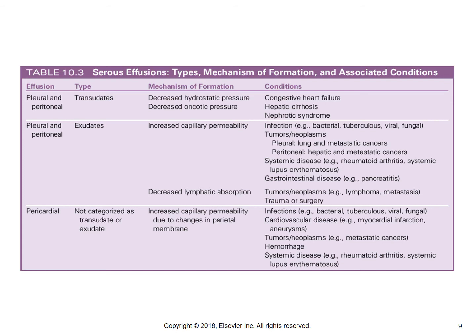So these fluids, again, will be examined on their physical characteristics as well as their microscopic characteristics and chemical characteristics. Pericardial fluids are not really classified into transudates or exudates, but they do have an increased capillary permeability, which is caused by infections, tumors, or certain kinds of hemorrhages or diseases.